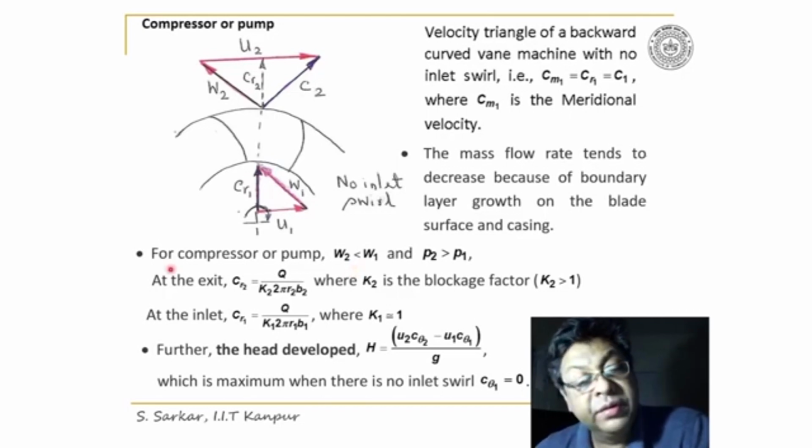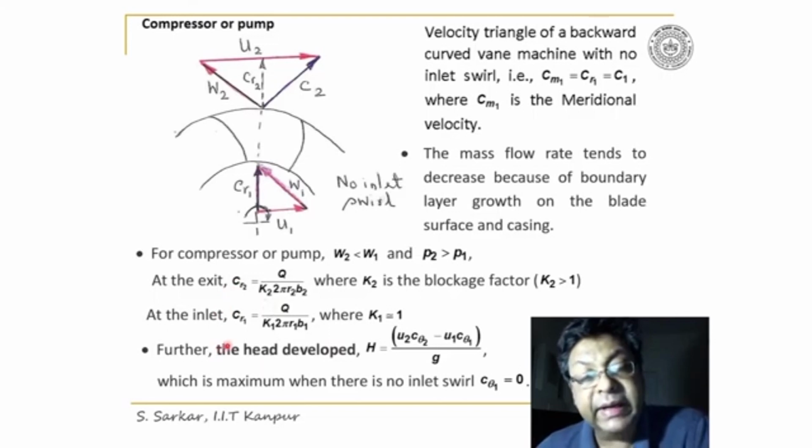Furthermore, CR2 will be Q divided by K2 into 2 pi R2 into B2. R2 is the exit radius and B2 is the width. K2 is the blockage factor, which is greater than 1.